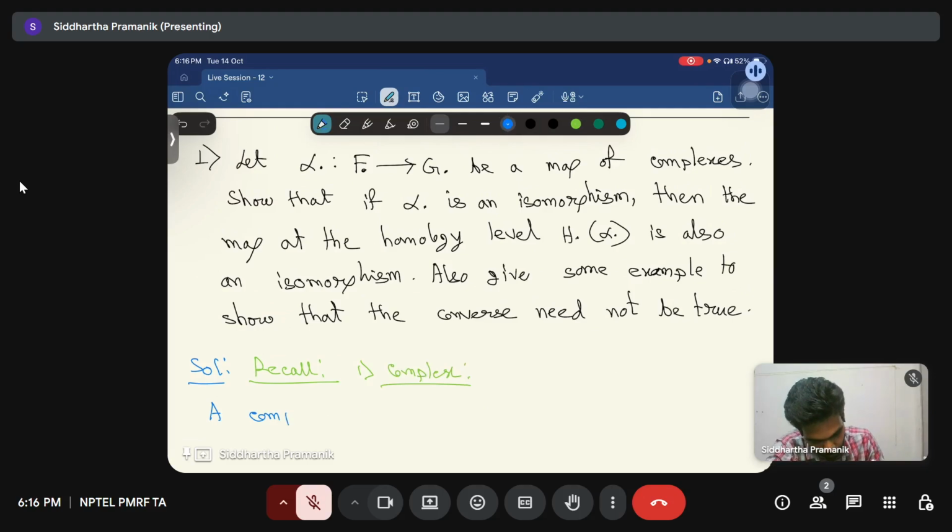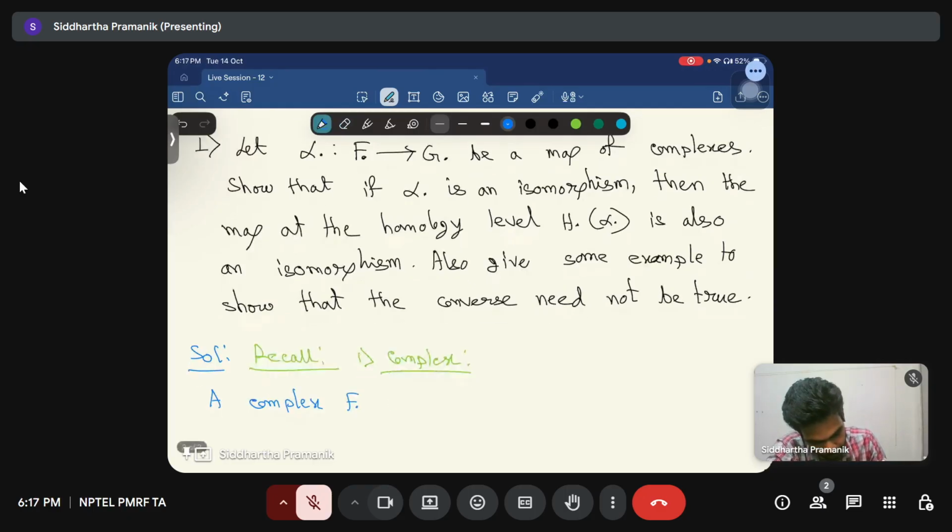So a complex, let's say F, is a sequence of R module homomorphisms.